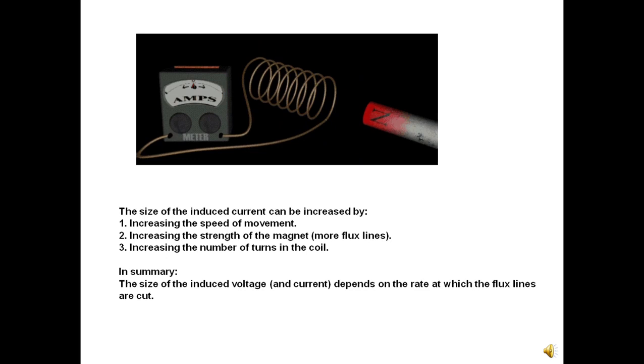By moving the magnet or the coil faster, you're getting more cutting per second. And all of these things, which lead to more field lines being cut or a greater rate of change of the field through the coil, produce a larger induced PD, and if we have a complete circuit, a larger induced current, as we have here.